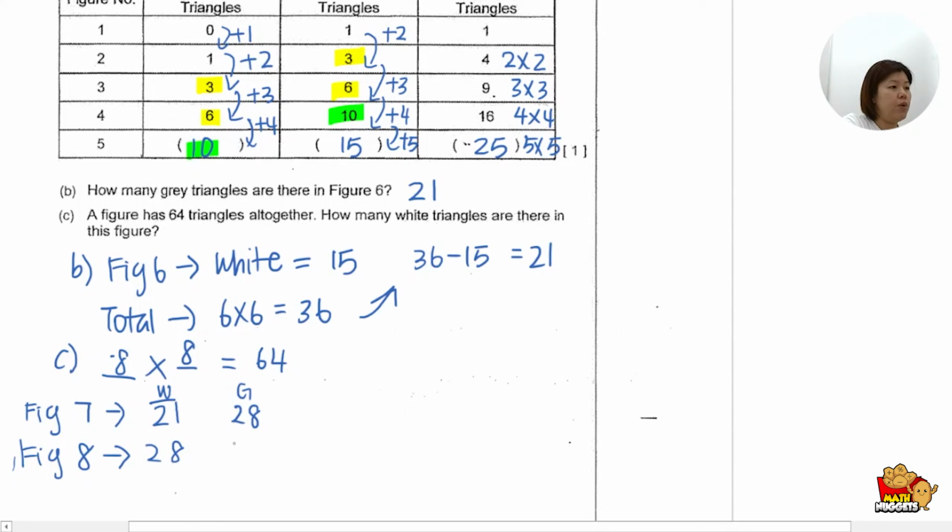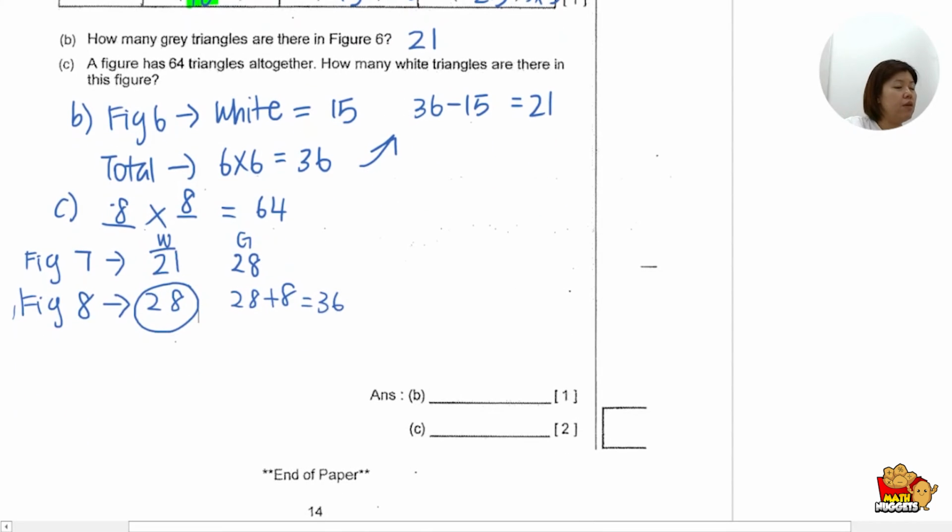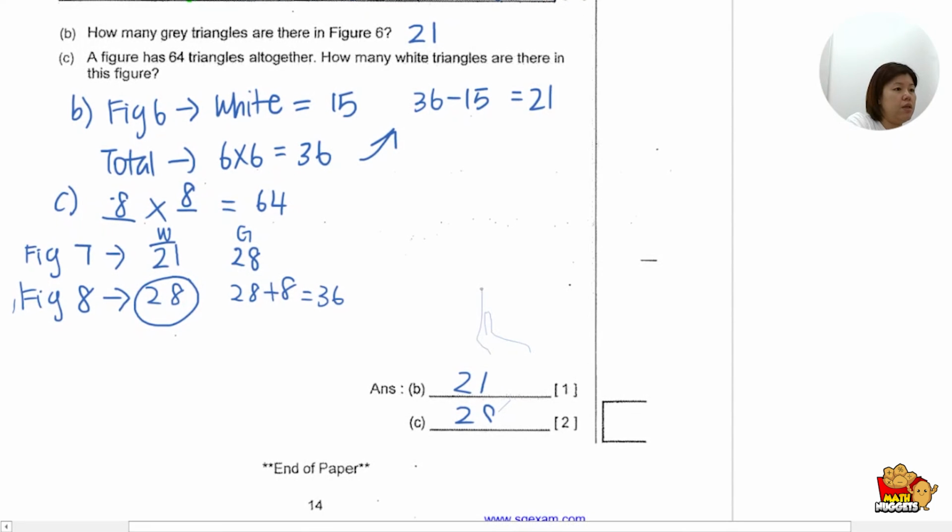And then for my gray will be 28 plus 8, which will give you 36. So I want to find white triangle is 28. So let's move down. It's 21 and 28. Let me write it clearly again.